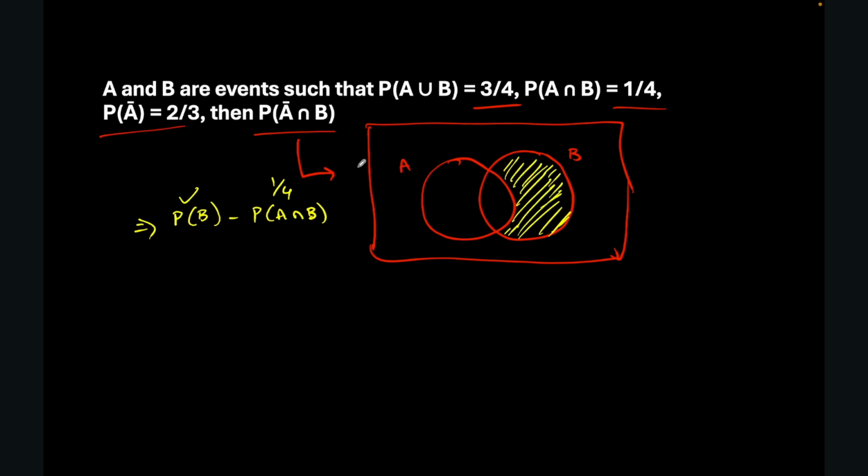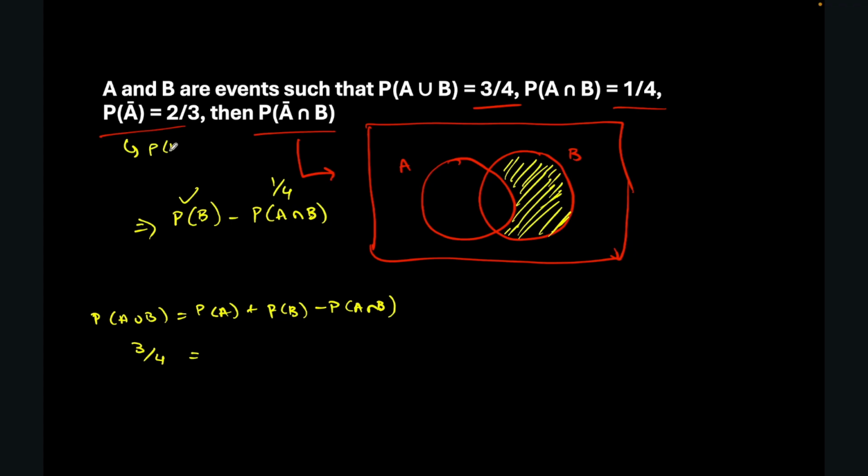Okay, so let's start with the addition theorem that we have. The probability of A or B is the same thing as the probability of A plus the probability of B minus the probability of A and B happening at the same time. We know that A or B is 3/4. We can find A because we're told A complement is 2/3.